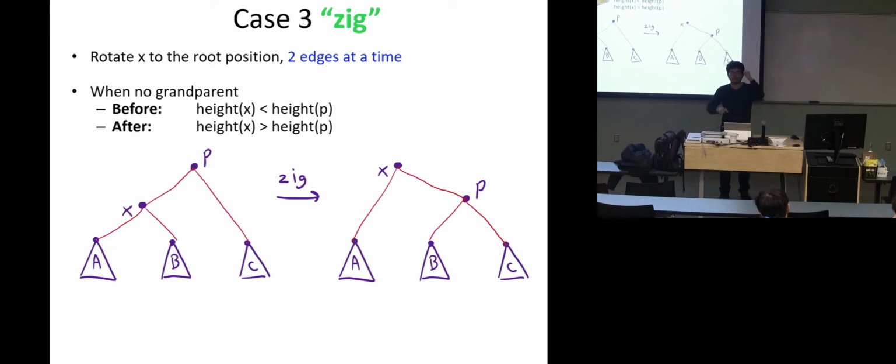If your grandparent and your parent are on the same side, do zigzag. X is moving up. Now look again. If the parent and grandparent are on different sides, do zigzag and move X up. Keep moving X up to the root in this way.